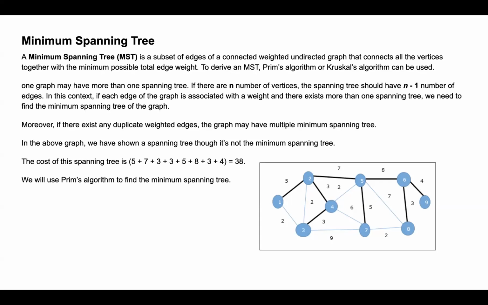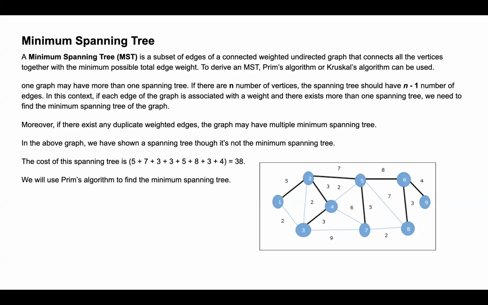Then, as the weights are given to the edges, the different spanning trees will have different weights, and from that we can choose the best one, which is the tree having the minimum cost. It will be known as the minimum spanning tree or minimum cost spanning tree.